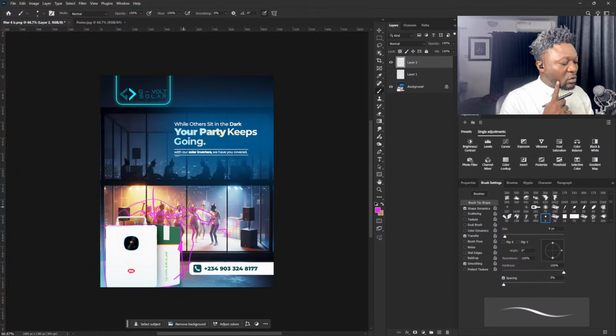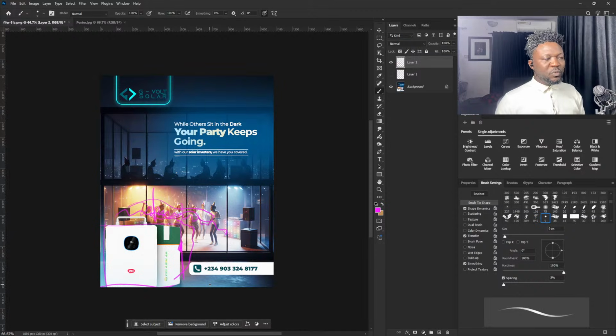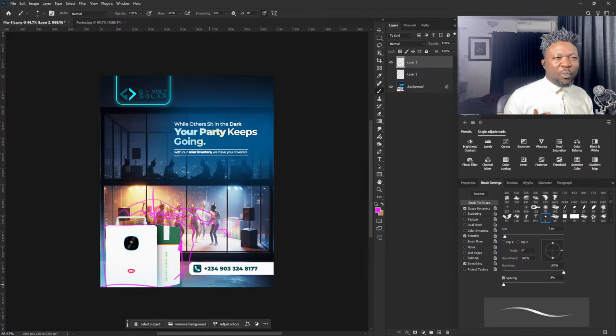And then another thing I noticed that the designer did not do well here, where the placing of image is concerned, is when you're trying to place a product image, avoid cropping the image like this. Now, you can crop the image, but you only do this for products that people already know.